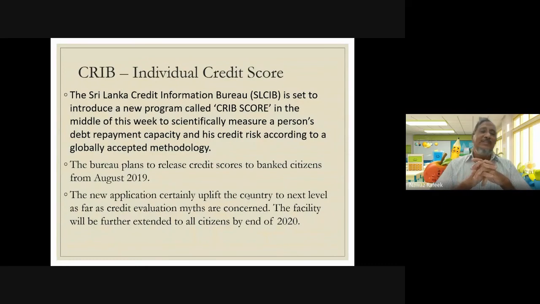Now CRIB has undertaken to measure an individual person's repayment ability and credit risk according to the globally accepted methodology. The Bureau plans to release credit scores to bank citizens from August 2019. So that has already started.